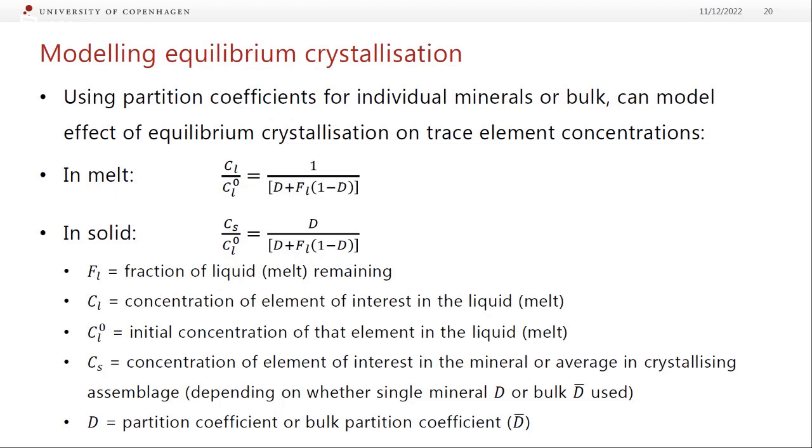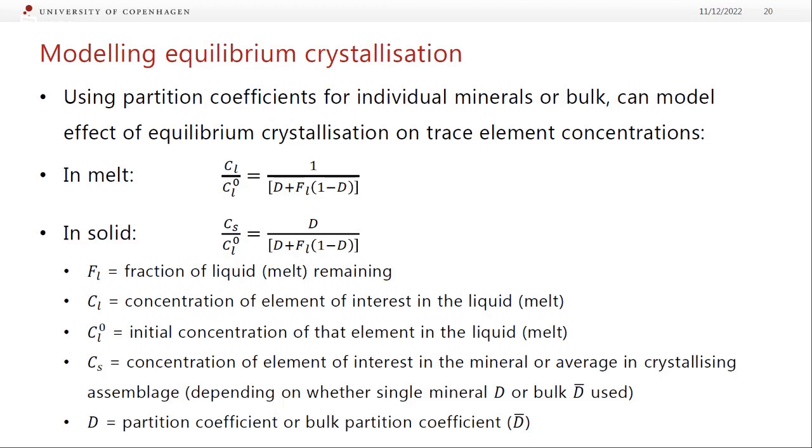What this is saying is the concentration in the melt, the liquid, so Cl, divided by the original concentration in the liquid, because we started with something that was probably 100% melt, equals 1 divided by the partition coefficient, or the bulk partition coefficient, plus the fraction of liquid, the fraction of melt that's left, times 1 minus the partition coefficient.